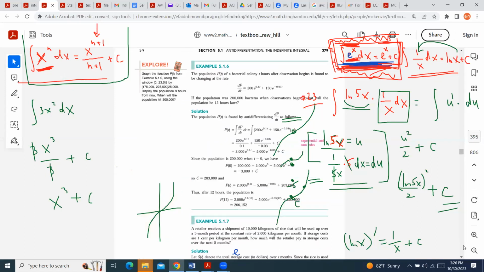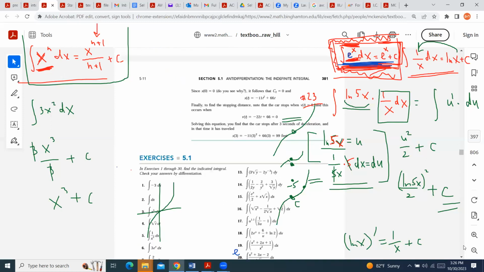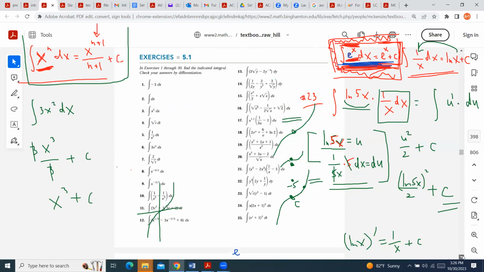So that'd be something to get used to. In fact, this chapter as well as the next chapter just keeps on finding those antiderivatives. And I don't think I'm going to give you a quiz on this because it's substitution. It's a little bit different.